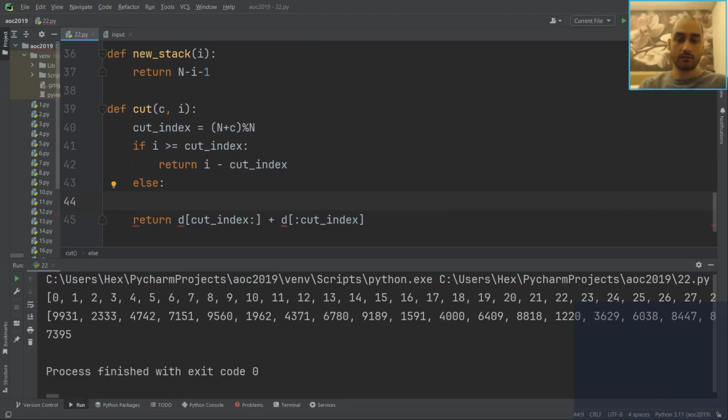So it's going to be return I plus n minus cut index. Is that right? So if we are at the front, and we're cutting, say, 3, then the number of cards on the right hand side are n minus 3. They go in front. So it'll be n minus 3 plus 0. I think that's right. Okay.